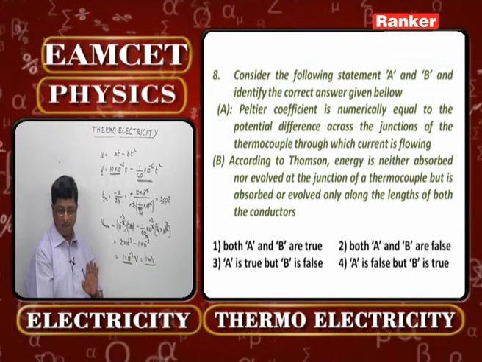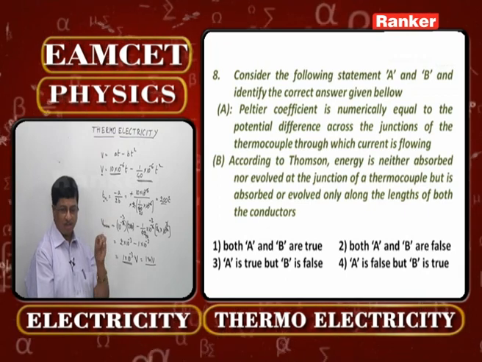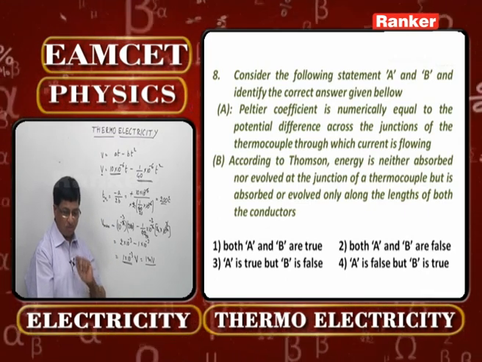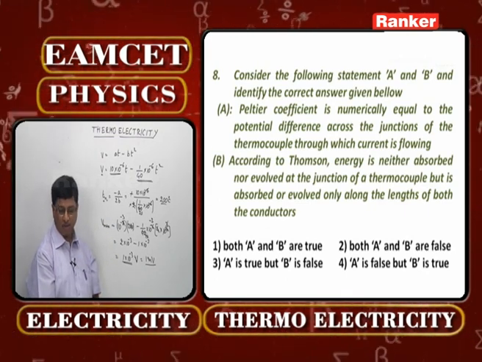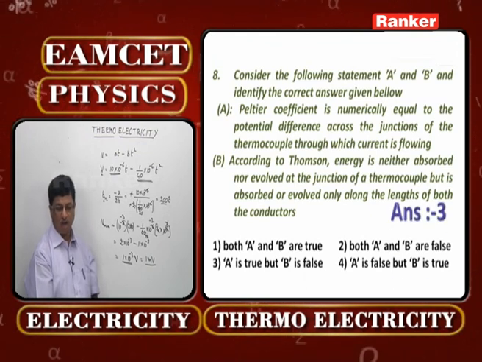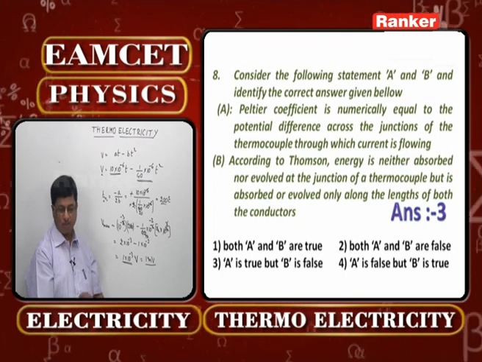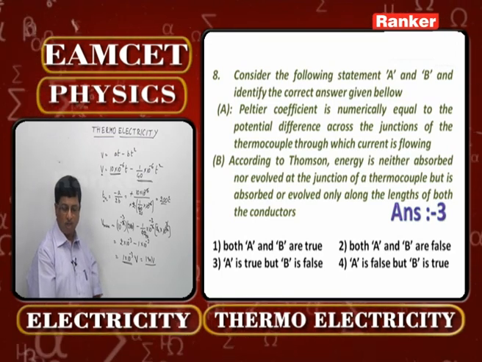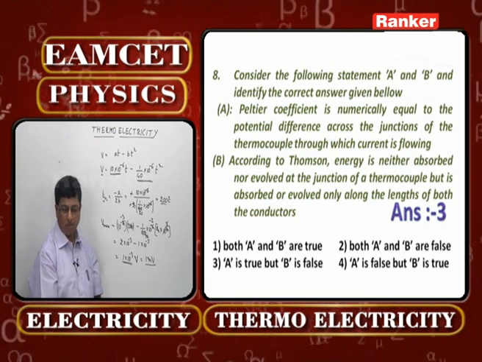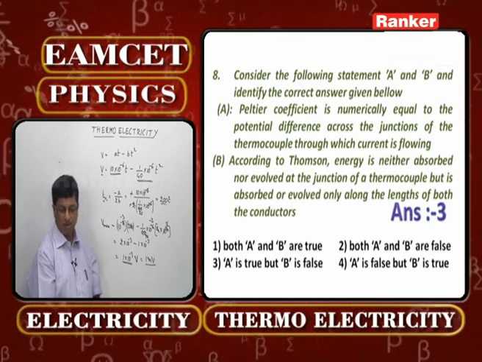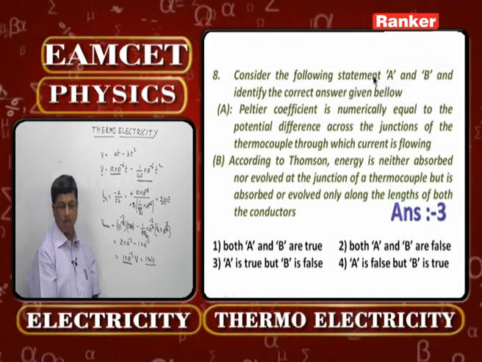Not necessarily only along the length, not at the junctions like that. So that particular statement has not been given properly. So the second one is not going to be correct. In the sense, A is correct and B is false. So which option is correct ultimately? Third option is going to be correct for question number 8. So A is true and B is false for this.